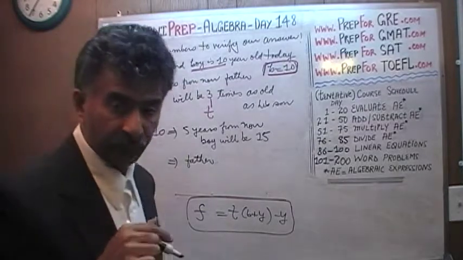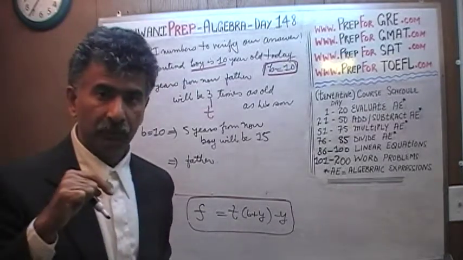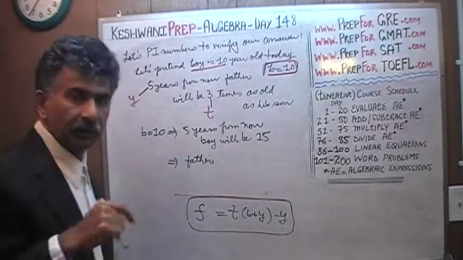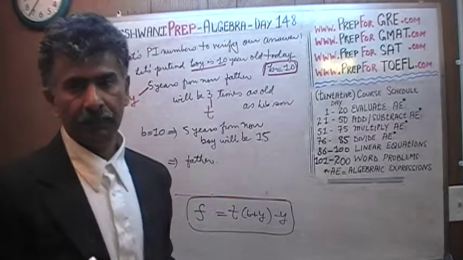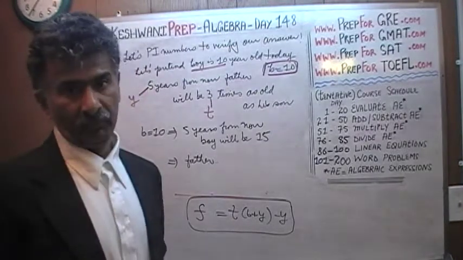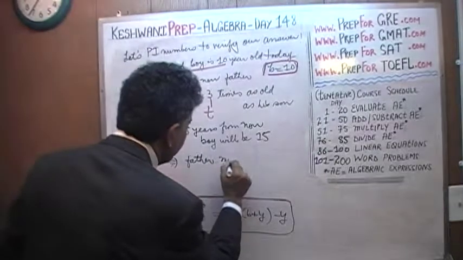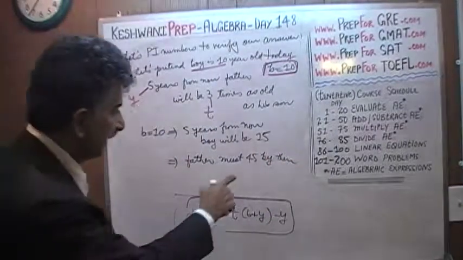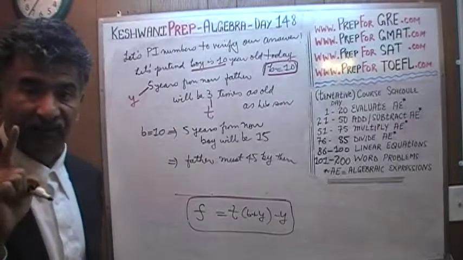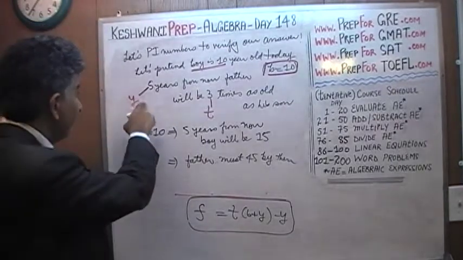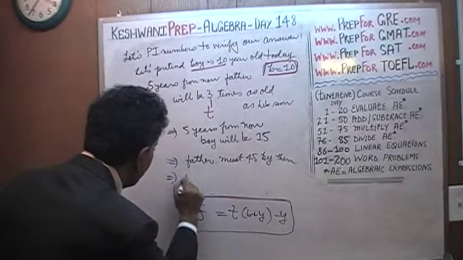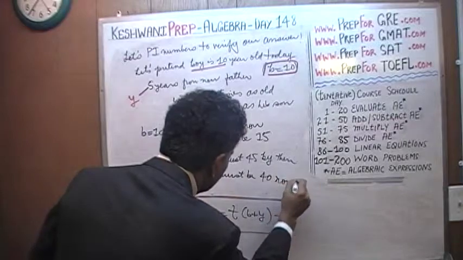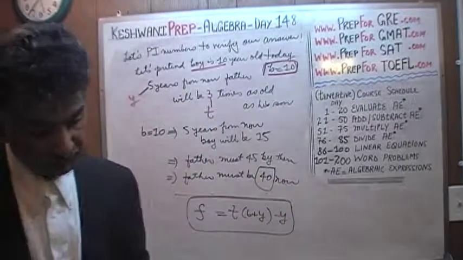If you plug in 5 for y, then 5 years from now the boy must be 15. We are told at that point the father is going to be 3 times as old, which means the father must be 45 by then, because he is 3 times as old at that point. Well, if the father is 45 at that time, which is 5 years from now, then the father must be 40 now. Voila, he must be 40 now.